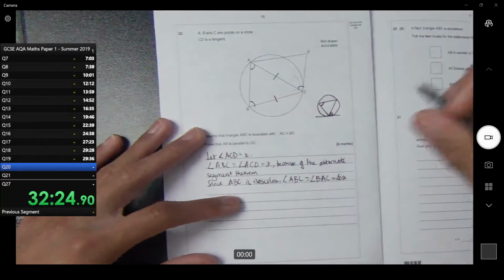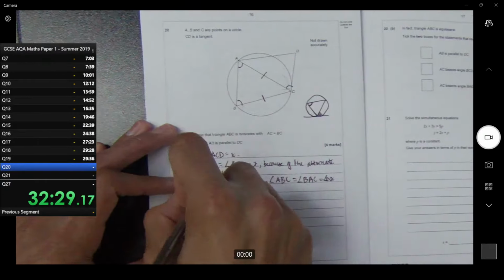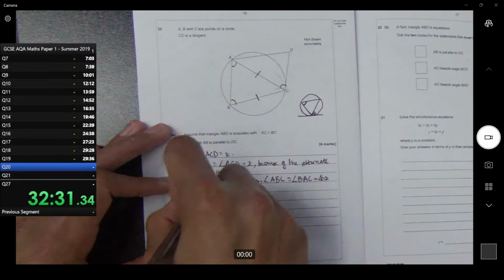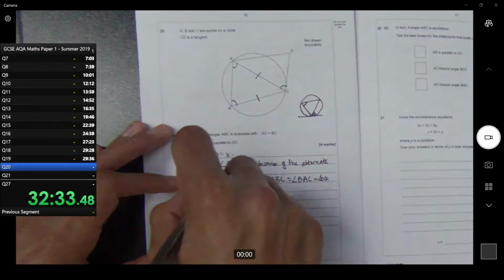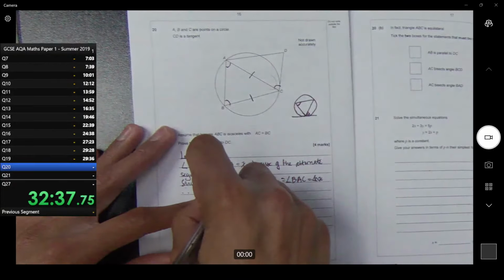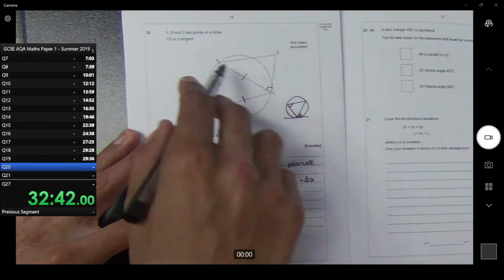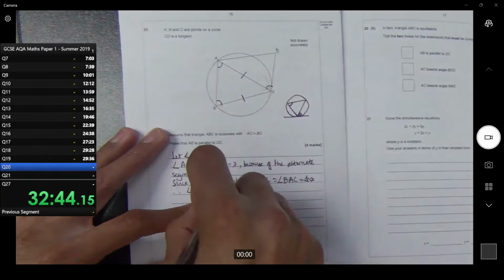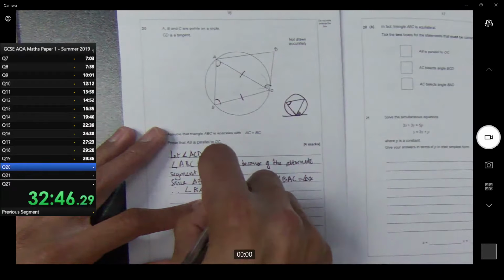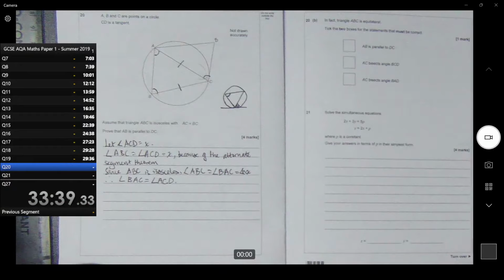Therefore angle BAC equals angle ACD, therefore.